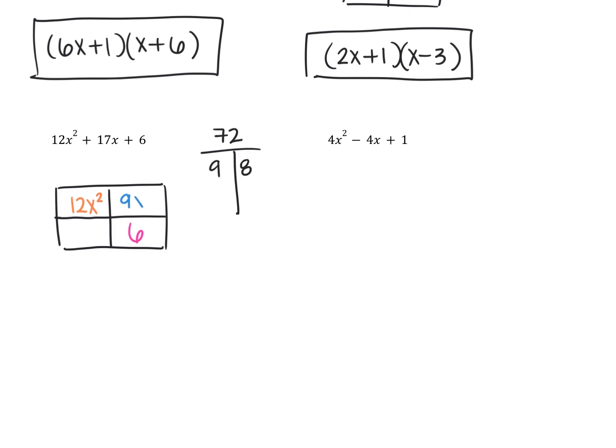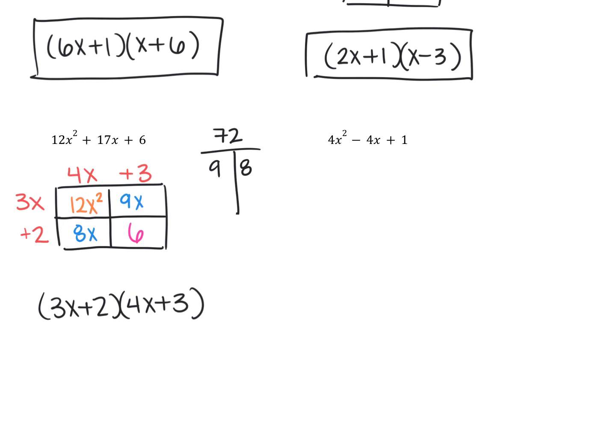So I'm going to have 9x and 8x. 12x squared and 9x have a GCF of 3x. 8x and 6 have a GCF of 2. 12x squared and 8x have a GCF of 4x. And then 9x and 6 have a GCF of 3. So we'll have 3x plus 2 times 4x plus 3.